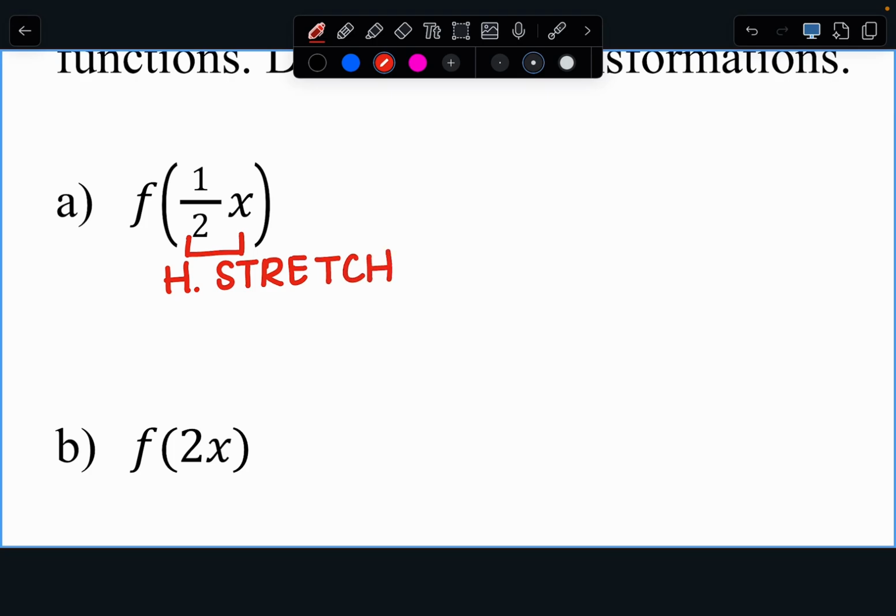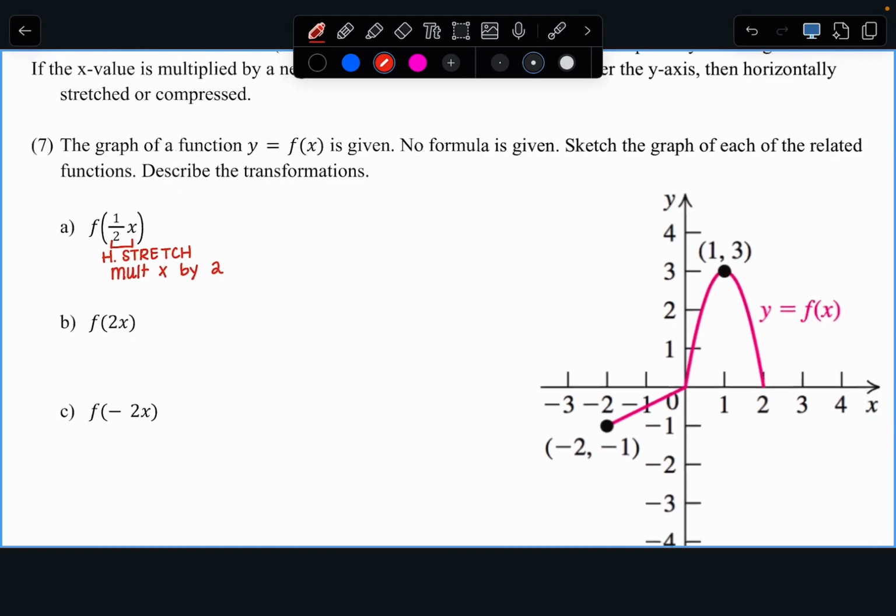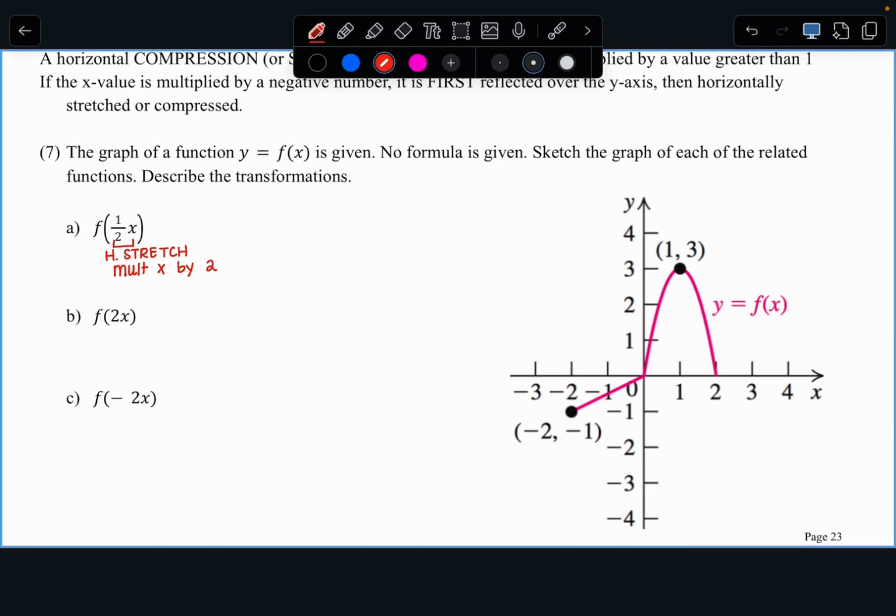Because what would I have to do to x to make that 1/2 go away? How do I get rid of that 1/2? Multiply by 2. So this is essentially multiplying your x values by 2. So let's look at the points that are given. We have -2, -1.